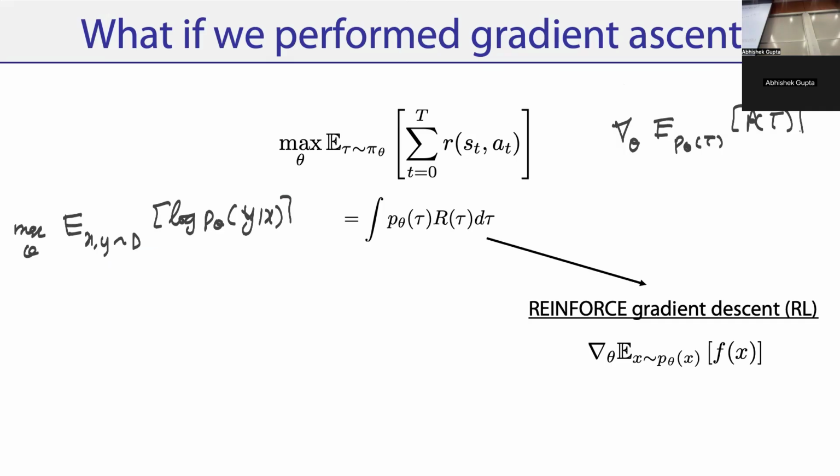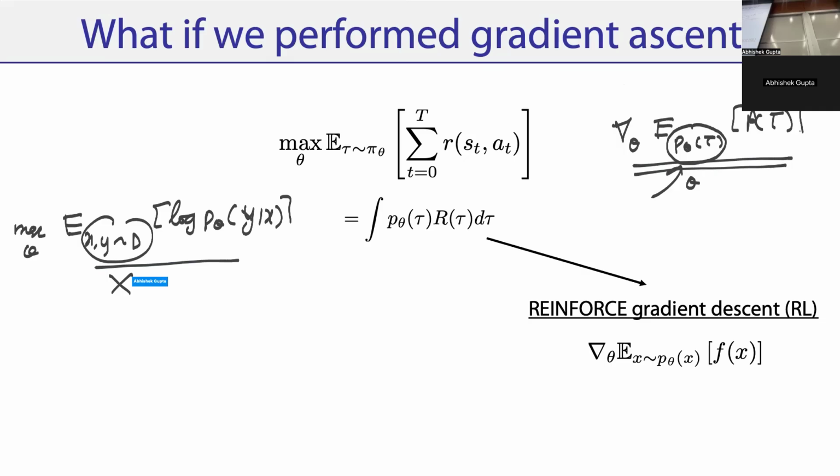But these are not the same, and it's very important why they're not the same. In the reinforcement learning problem, the probability distribution you're taking the expectation with respect to is parameterized by theta. So this thing has theta in it, whereas in supervised learning, this thing does not have theta in it. The way to think about that is that in reinforcement learning, your policy is controlling your data distribution. In imitation learning, your policy is not controlling your data distribution, right?